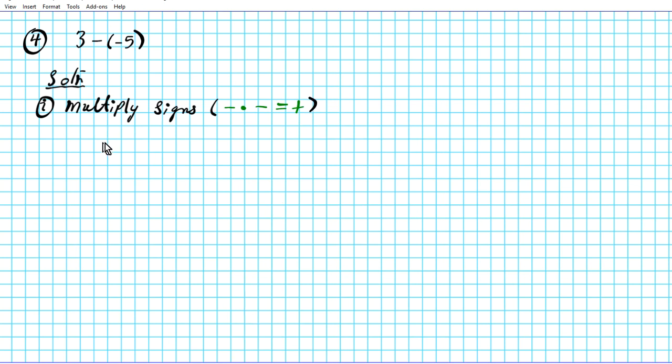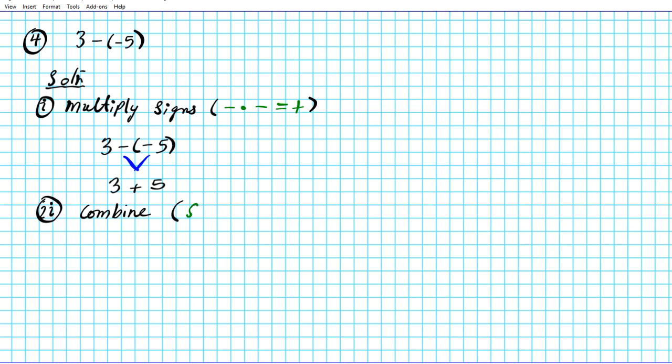Alrighty, let's apply that to the problem. 3 minus negative 5. You multiply these two signs here, and you get positive. So it's going to become 3 plus 5. That takes us to step 2, where we're going to combine. These two numbers have the same sign.